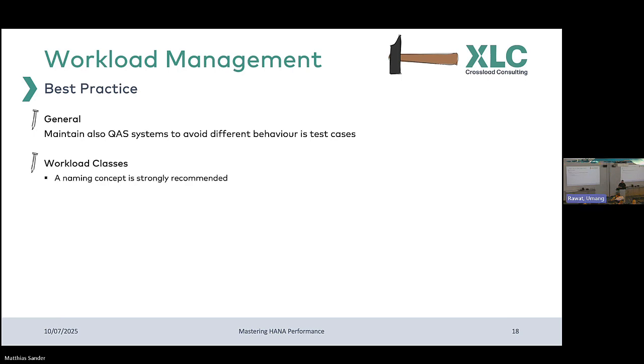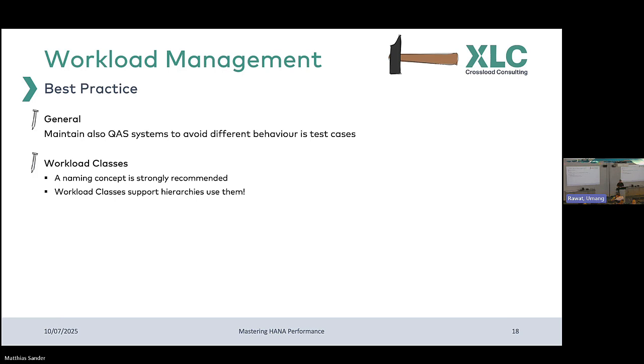Workload classes, we strongly recommend to have a naming concept in place, because when you have a lot of different workload classes defined, it can be really difficult at the end to find out which one is meant to be used for which application. They support these hierarchies, which I already showed.